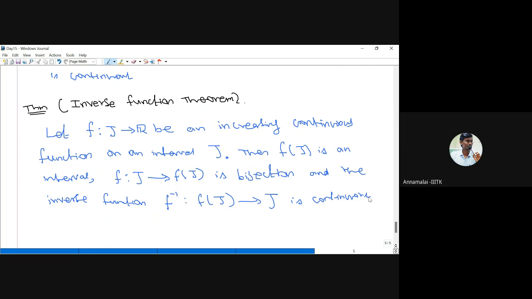Why is this a bijection? If you take the codomain to be only the range, then the function is onto. But why is it one-to-one? Because it is an increasing function. So f becomes a bijection. Once f is a bijection, then f inverse exists from f of J to J. And that function is also continuous. That is the inverse function theorem.